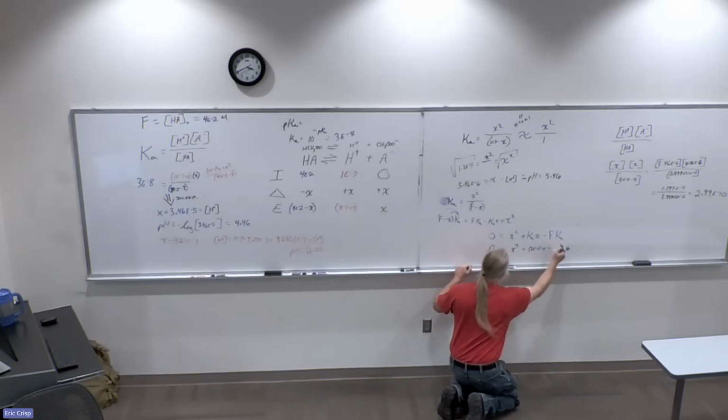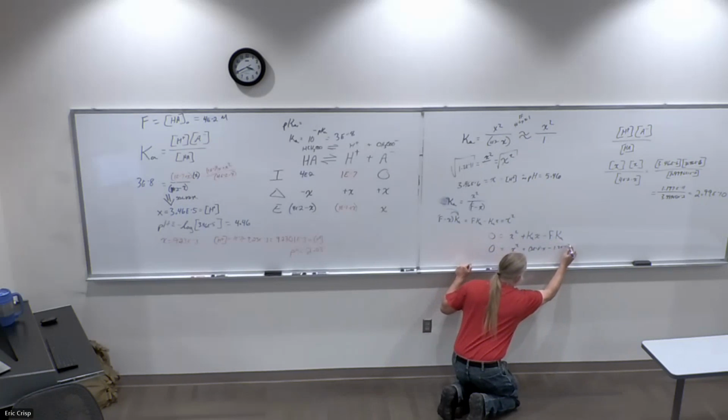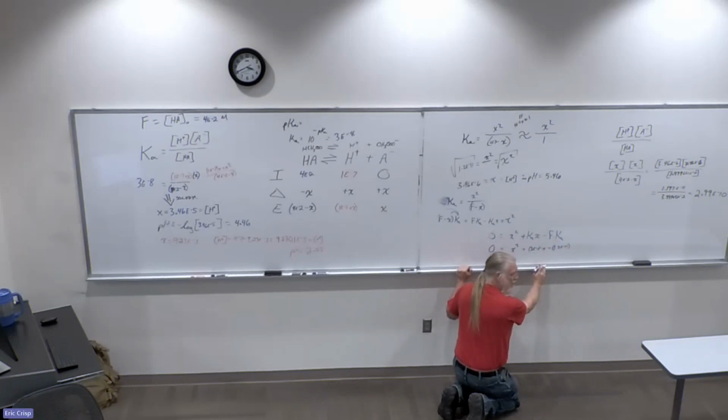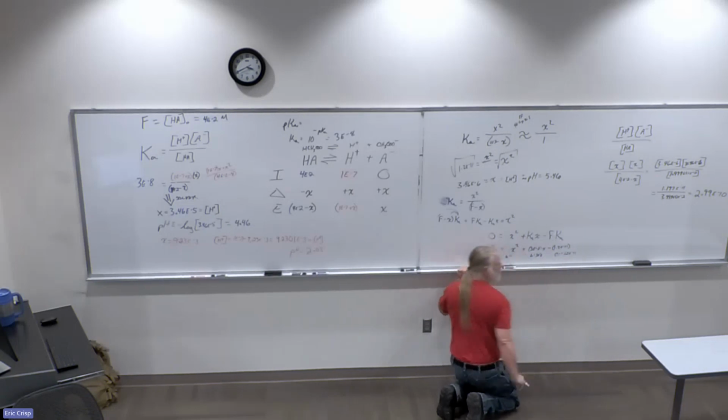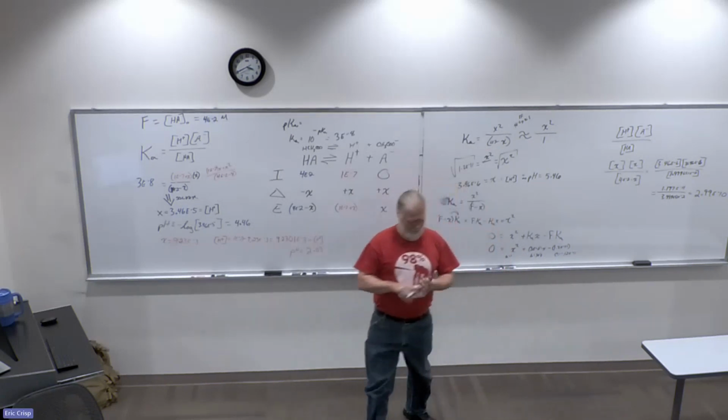So 12e negative 10, 1.2e negative 9. Right? Okay, so my A is 1. My B is 3e negative 8. And my C is negative 1.2e negative 9. That help? That makes sense. Okay.